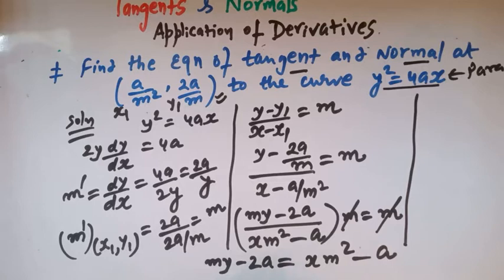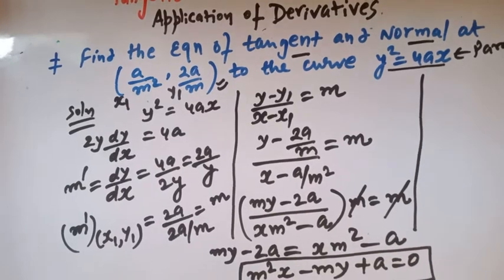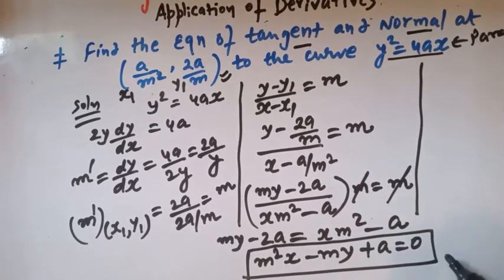So we'll get m square x minus my, and we'll take this minus 2a to this side, so plus 2a, and it will give plus a equal to 0. So this is the required equation of tangent. Clear? This is the equation of tangent.